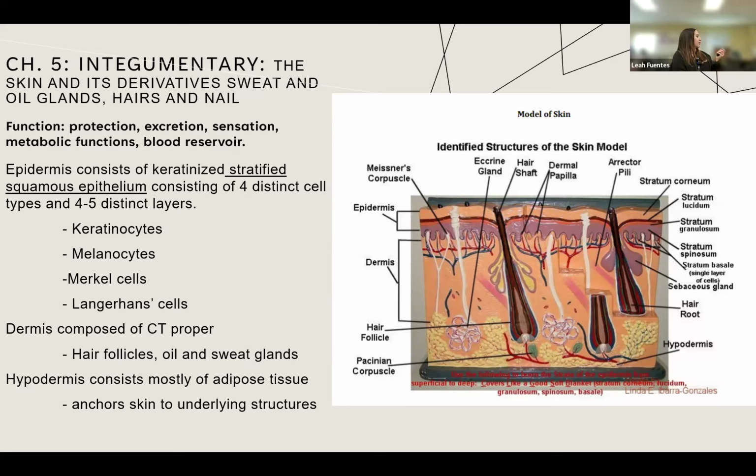So what do we think keratinocytes produce? Keratin, good. Keratin is the protein that gives skin its protective and waterproof characteristics. The melanocytes produce what? Melanin, good. The pigment giving skin its color. Merkel cells are the sensory function for touch.